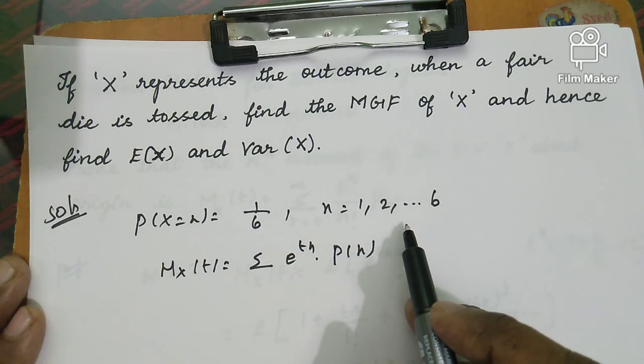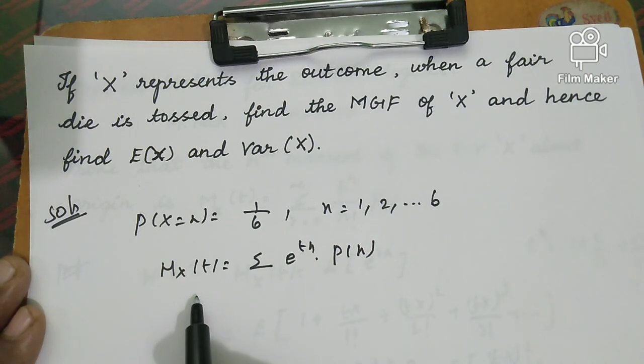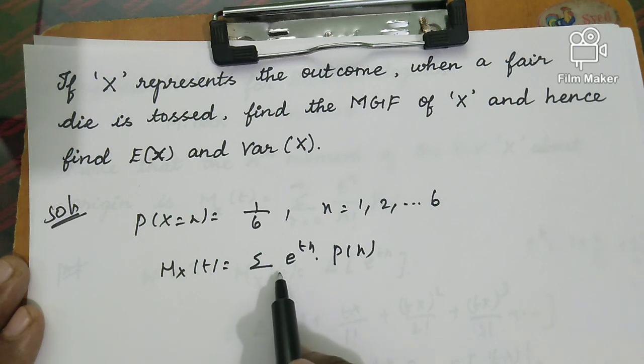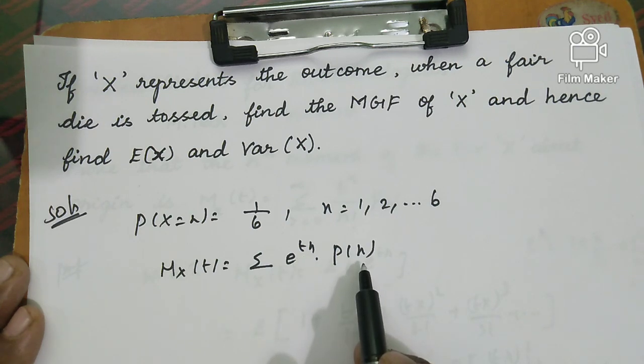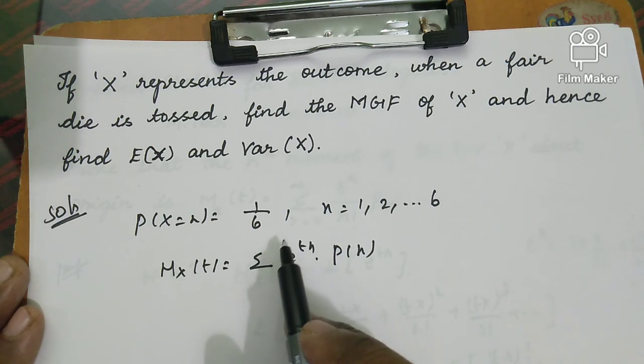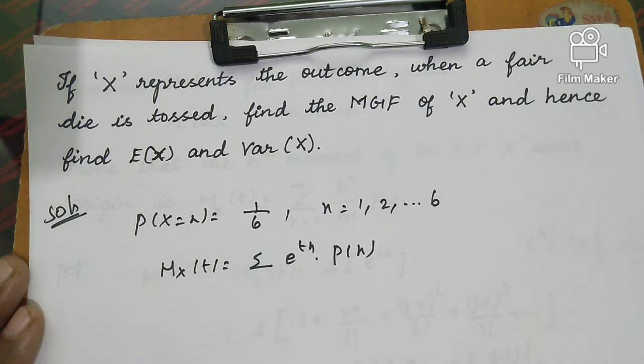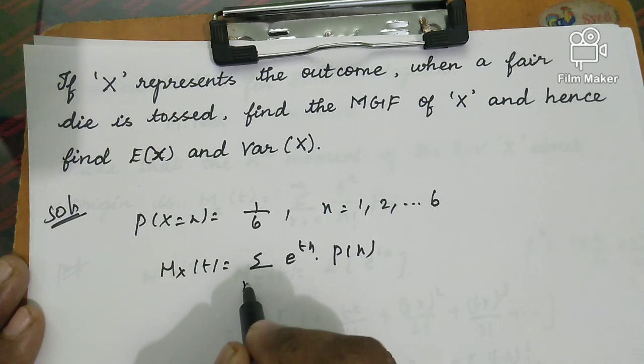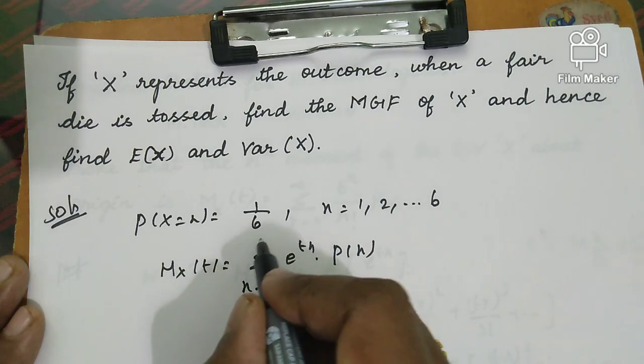For a discrete random variable, the moment generating function is Mx of t equal to summation e power tx into P of x. If it is continuous, we would use an integral. So here it is discrete, that is why we write sigma e power tx into P of x. Obviously, x takes the value 1 to 6.